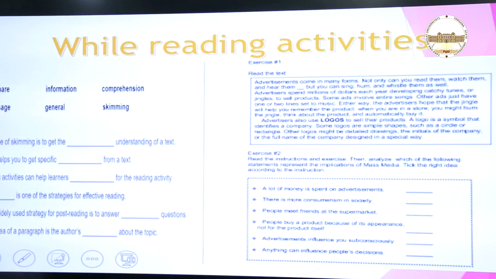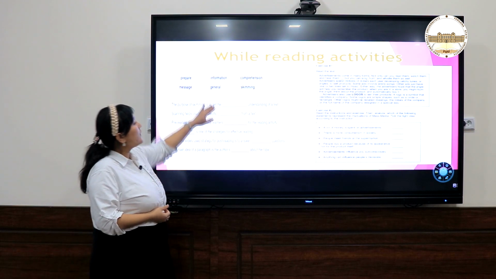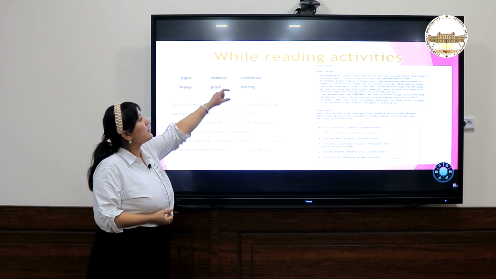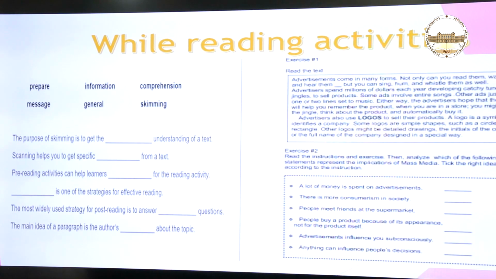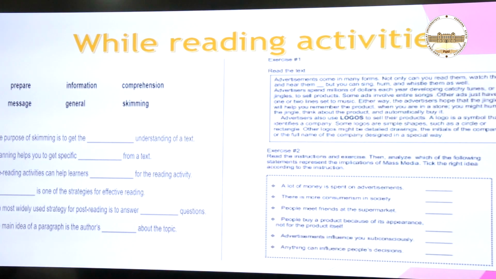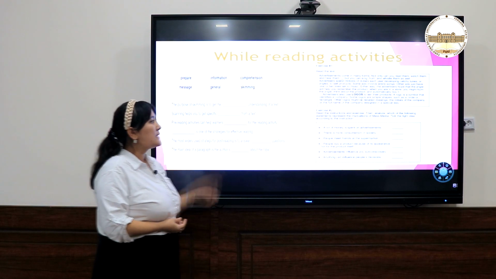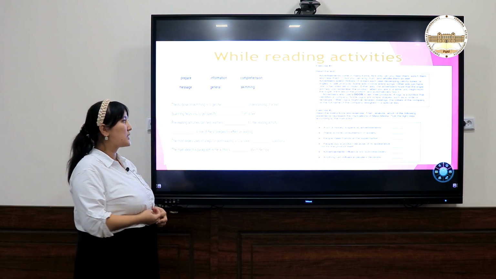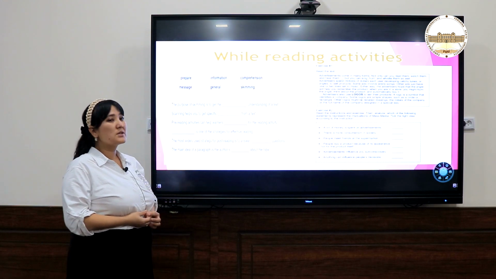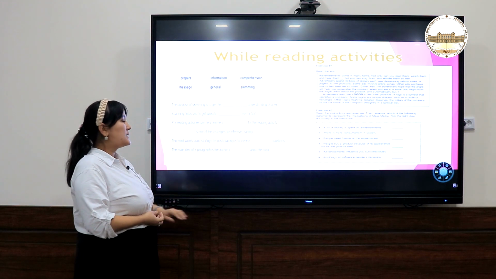In the while-reading stage, they can fill the tables with the help of these words, and these words should be appropriate to the sentence, and they should find the places according to their knowledge. The next one is true false, or ticking the right ideas according to the instruction. They should read the instruction firstly, and then they should analyze the task itself.